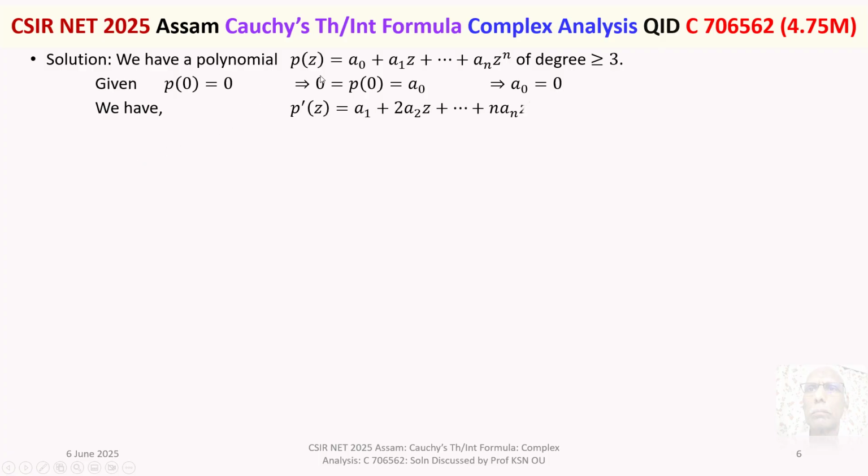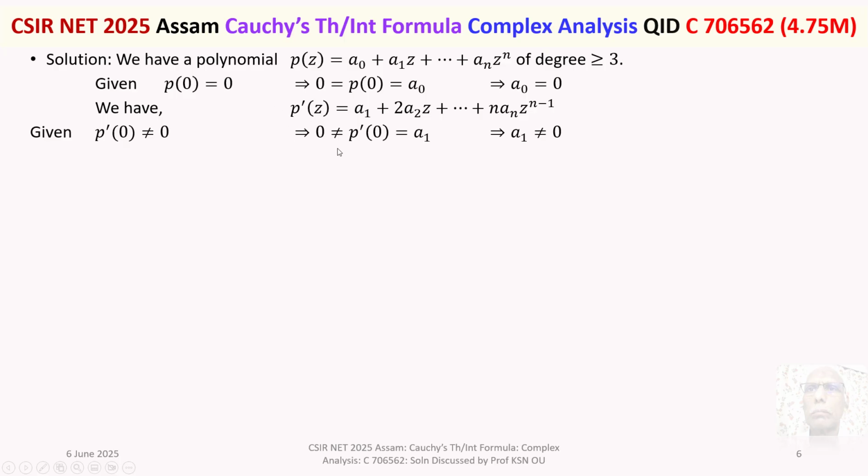We take P of Z, differentiate with respect to Z, then it will be P prime Z is equal to A1 plus 2A2Z plus so on and so forth plus N AN Z to the power of N minus 1. And it is given P prime at 0 is not equal to 0. So in P prime Z, put Z is equal to 0.